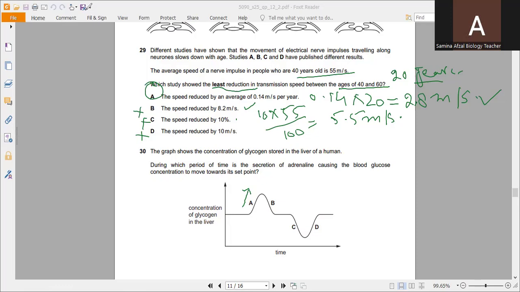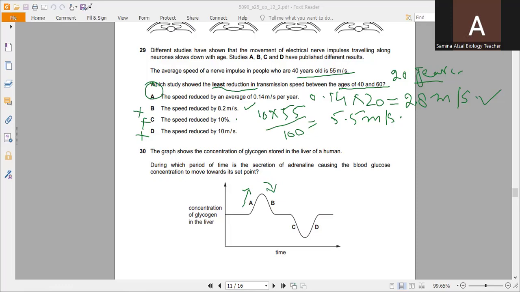This happens when insulin changes the excess glucose into glycogen. And you can see at B, glycogen levels are again falling. This is where glycogen is being converted to glucose. Glycogen will break down into glucose, and that is the reason the glycogen concentration is decreasing.